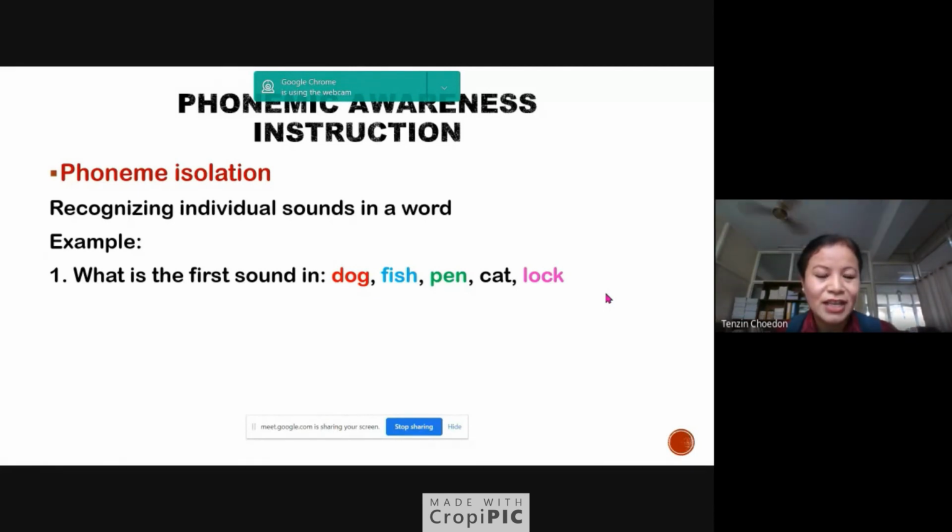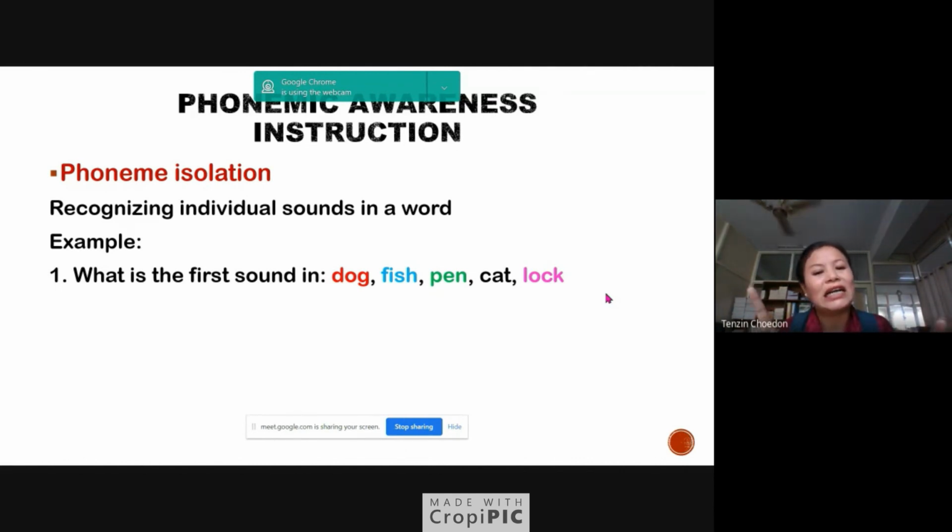This is what happens in phonics instruction: the relationship between the sound and the symbol. Symbol means the letter. So phonemic awareness and then phonics, this is how they are related.